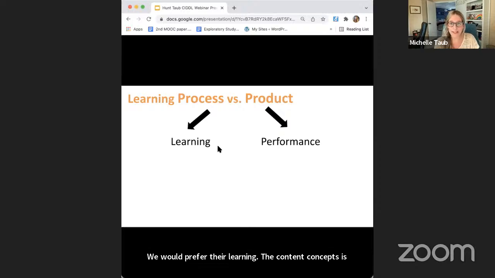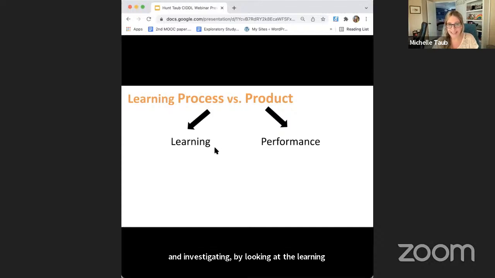Of course, we also want students to perform well on the tests and be able to solve tasks, but we also want to know how they got to solving them. How many times did they attempt to solve the task? If they got it incorrect, did they change their strategy when they tried again? These are the kinds of questions we're interested in investigating by looking at the learning process.